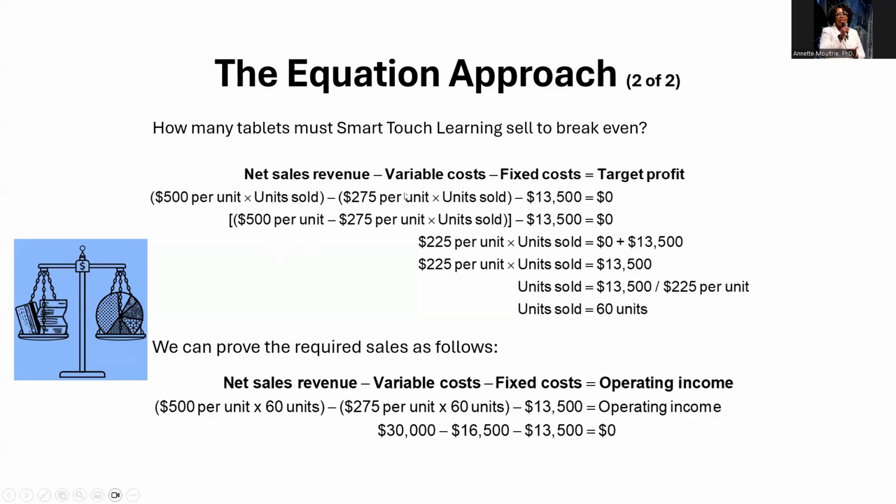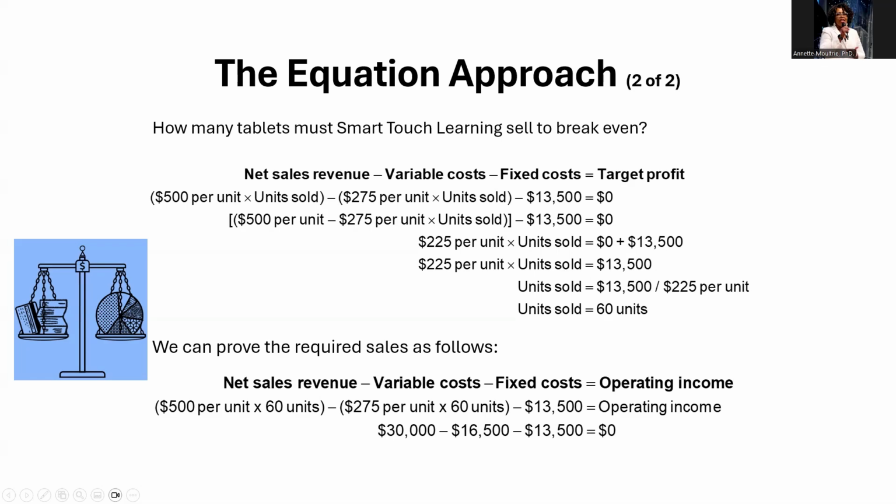The variable costs equal variable cost per unit, which is $275 in this case, times the number of tablets sold. This company's total fixed cost is $13,500 per month.